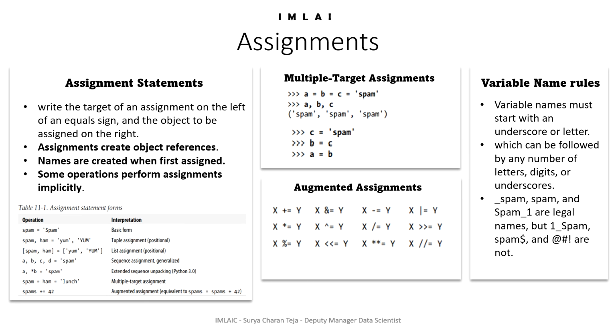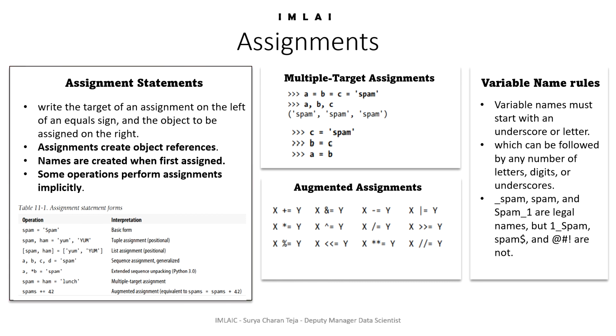In its basic form, you write the target of an assignment on the left of an equal sign, and the object to be assigned on the right. The target on the left may be a name or object component, and the object on the right can be an arbitrary expression that computes an object.